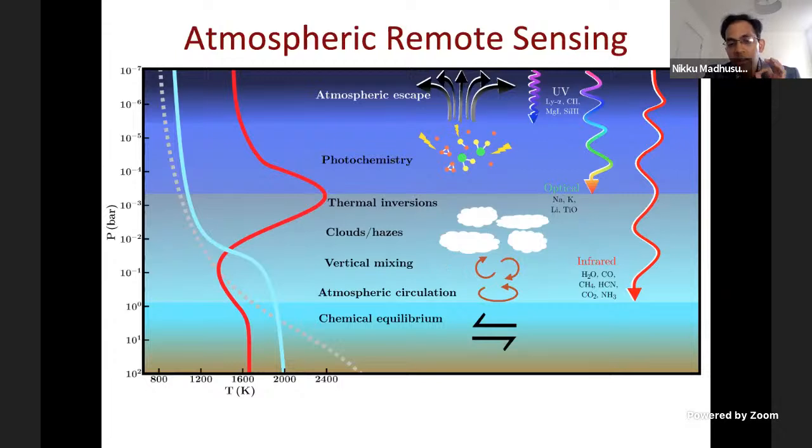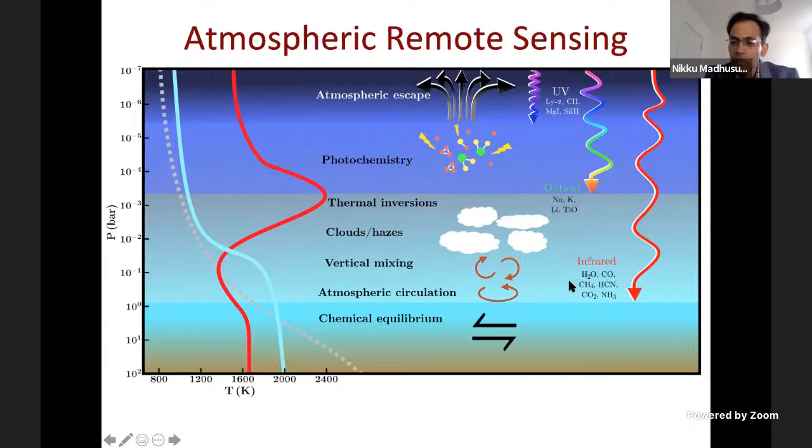The only window we have to probe all these atmospheres is the electromagnetic spectrum. So at the end of the day, we are observing spectra of these planets, and depending on which wavelengths you observe them in, whether UV, optical, or infrared, you can probe different depths in the atmospheres.